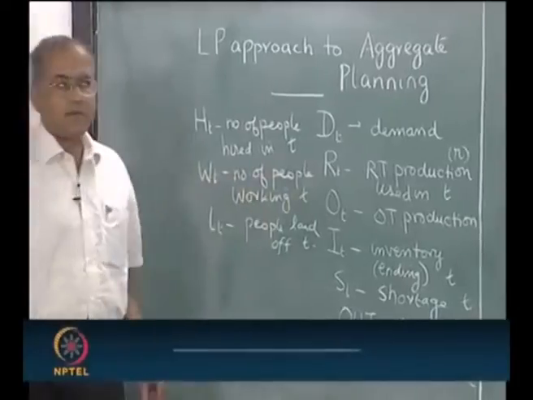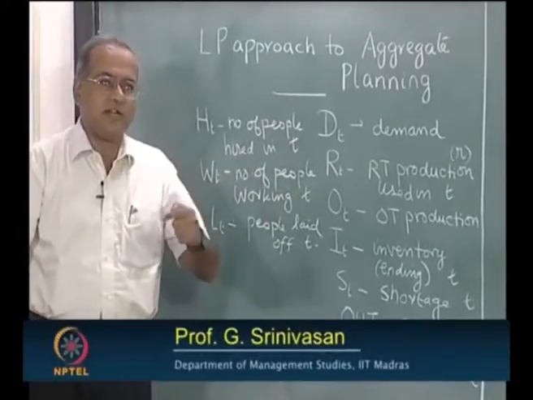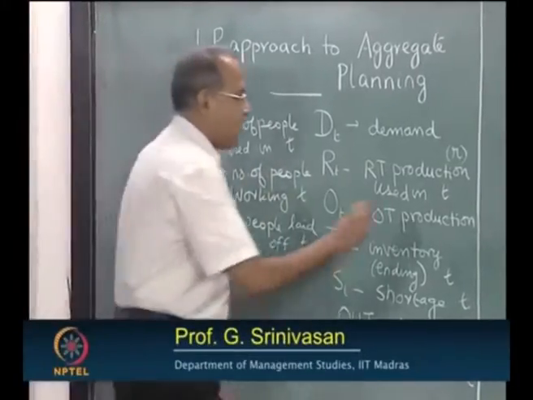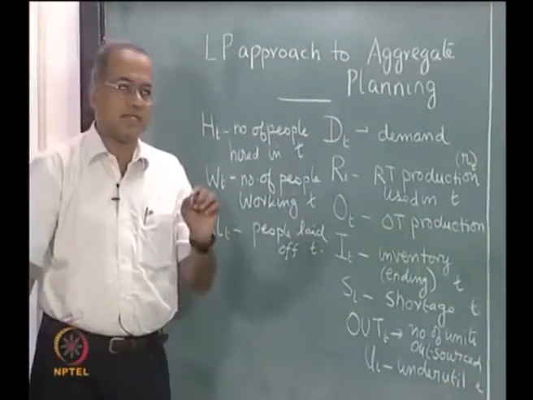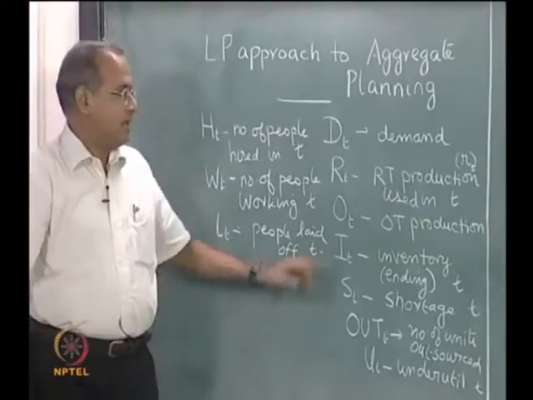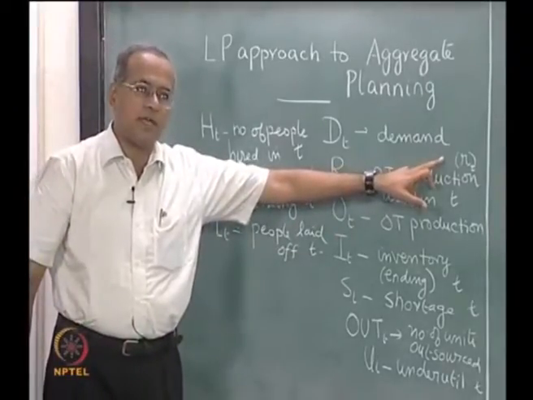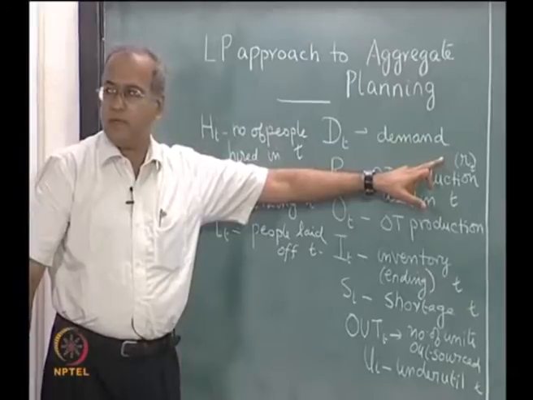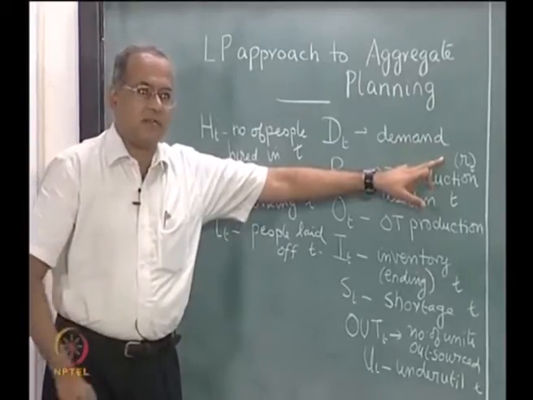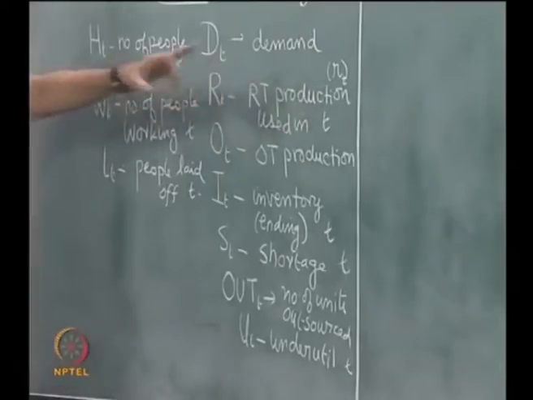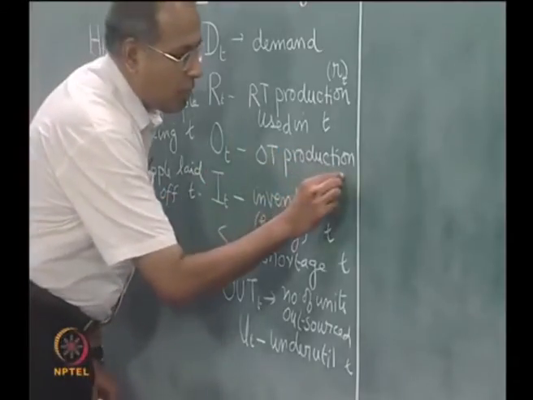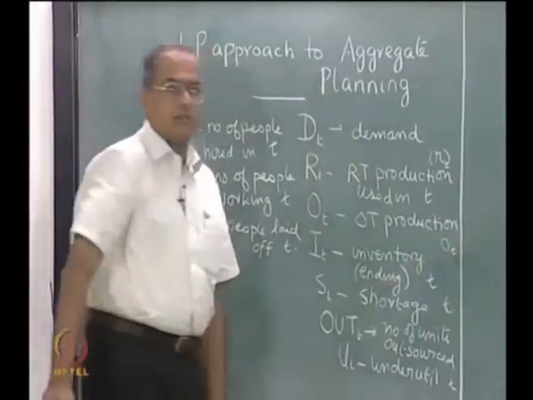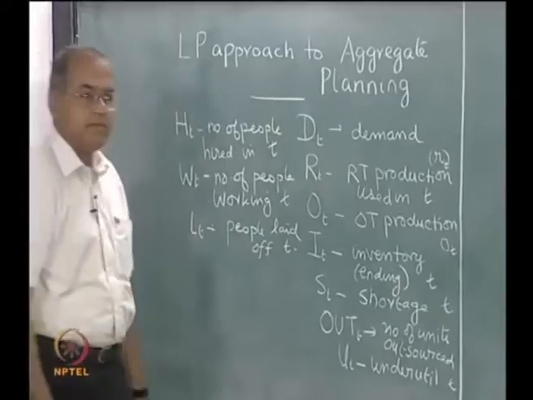If this regular time production cost is going to be different in different periods, then we can add a small subscript, RT, which is the regular time production cost in period T. If it is going to be the same for all the periods, then it will be R. So, to generalize it, we begin by saying that let small RT be the cost of regular time production in period T. Let small OT be the cost of overtime production in period T.